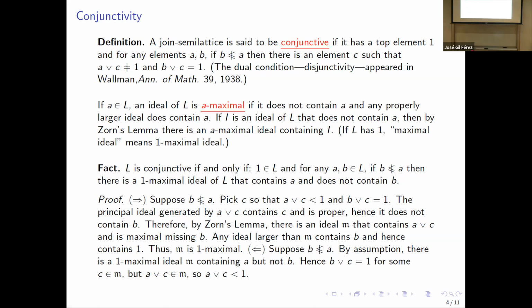But that ideal contains A sup C. Any larger ideal contains B and therefore contains 1. So it's maximal. And conversely, we just use the facts about what it means: if we have a maximal ideal that contains A but not B, then any larger ideal contains B. So there's something in the ideal, and it's the same kind of argument. Okay.